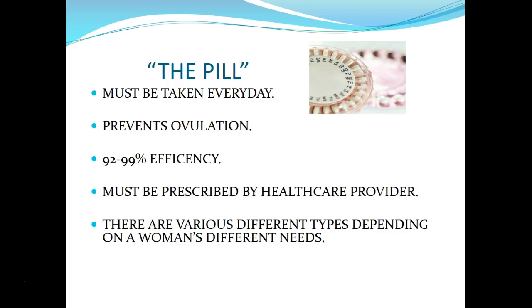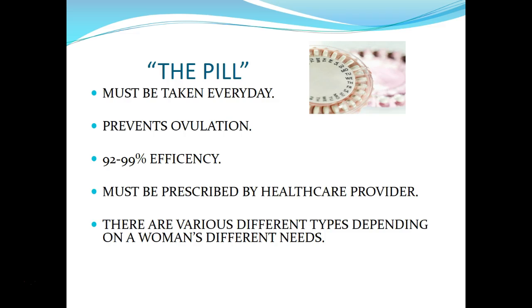All right, let's move into oral contraceptives, or what everybody calls the pill. With the pill, it's got to be taken every day, and preferably it needs to be taken around the same time every day because what we're doing is trying to control hormones. The pill prevents ovulation, and if it's taken correctly, it's 92 to 99% effective.